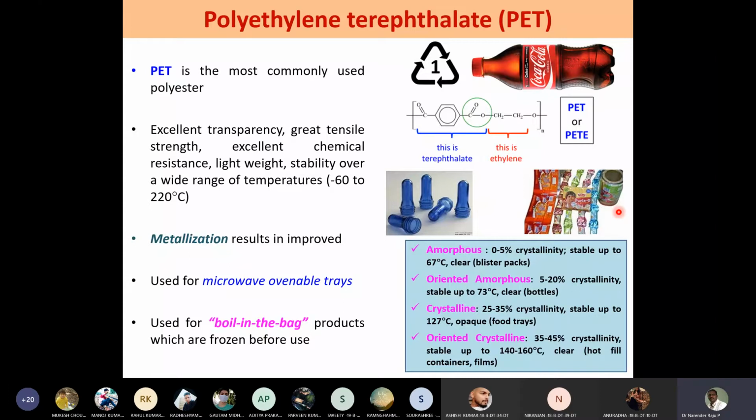The other aspect of PET is, you have seen in the market, for example, any of the beverages manufactured by PepsiCo or Coca-Cola.